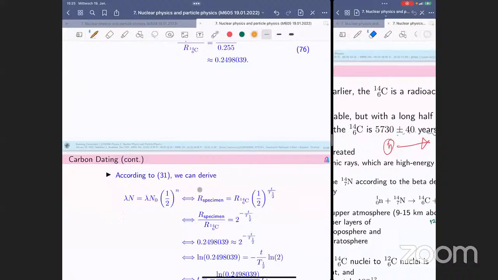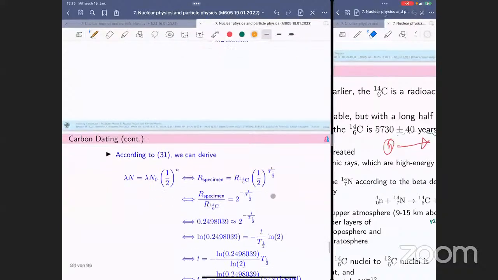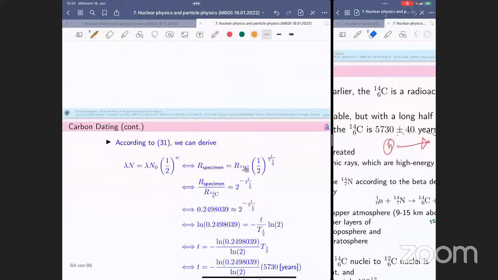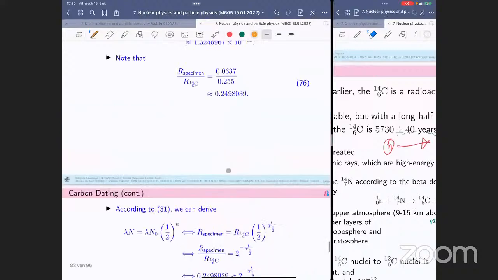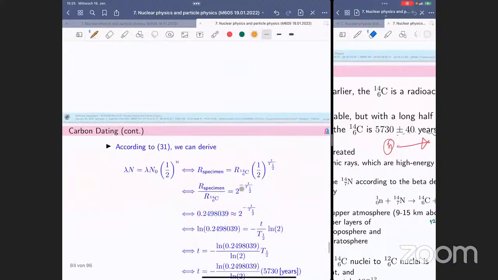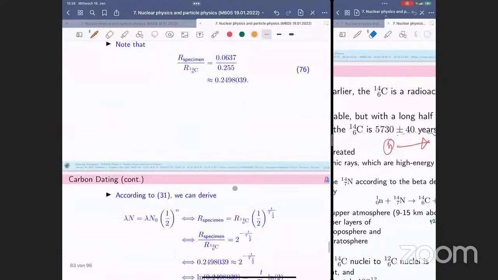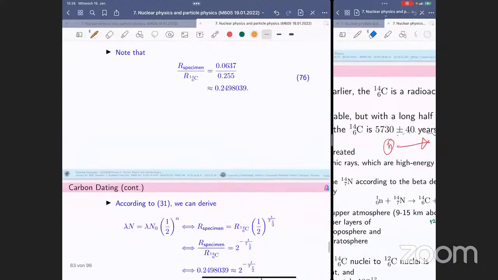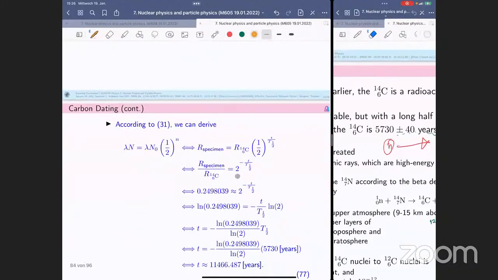The left-hand side is the rate of the specimen of any piece, and the right-hand side is the rate of carbon 14. We move the rate of carbon 14 to the left-hand side. Of course, this 1 by 2 is going to have the power negative t over T half, the half-life. And our specimen rate over R14 will be this ratio.